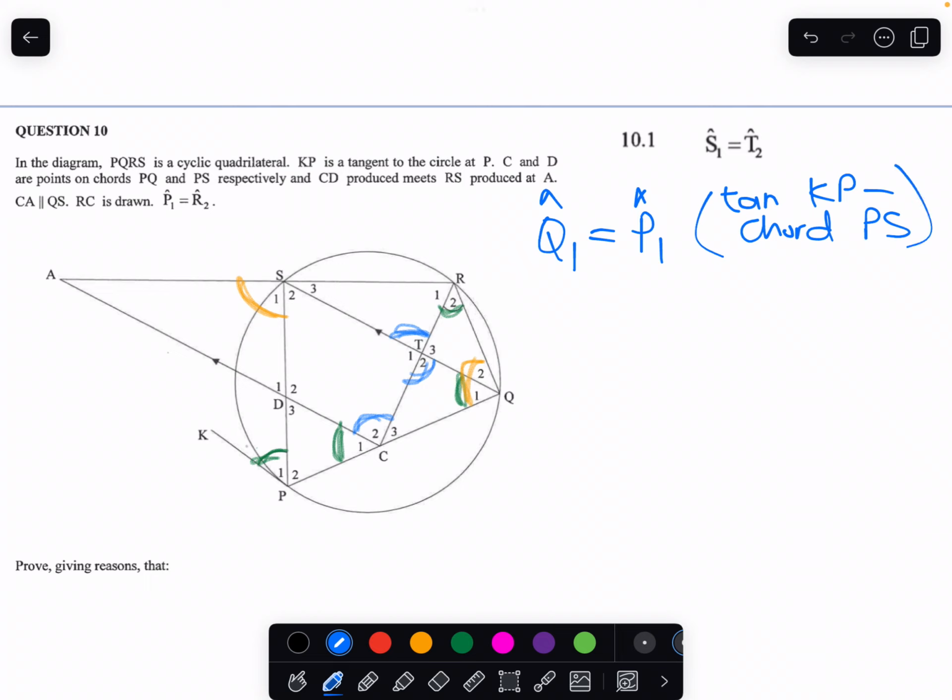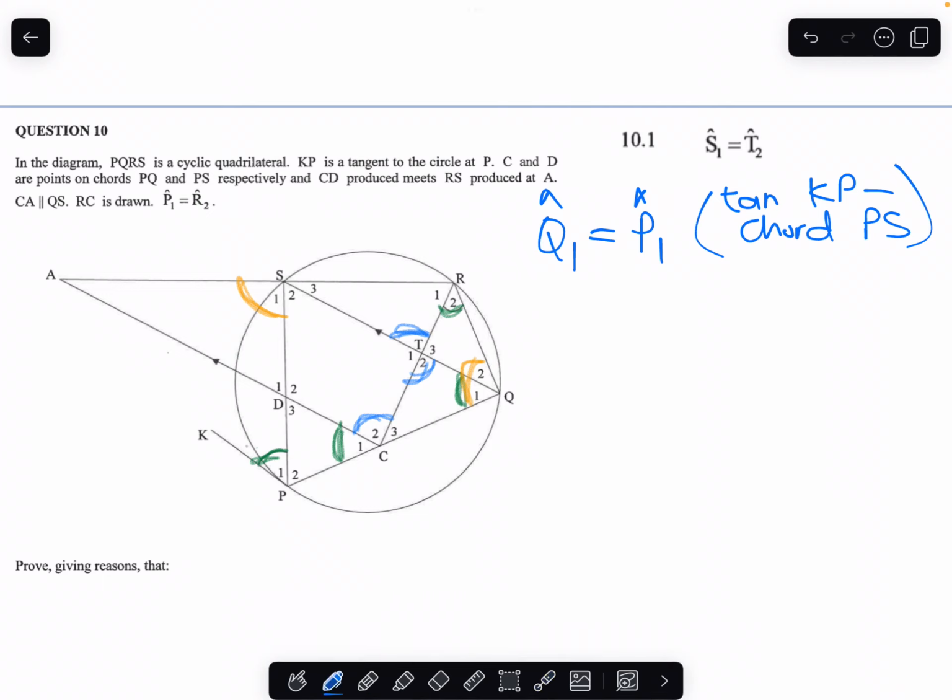That chord subtends Q1 at the circumference, so these two are equal. In fact, let's just deal in x's. Okay, maybe let's leave the x's for now.